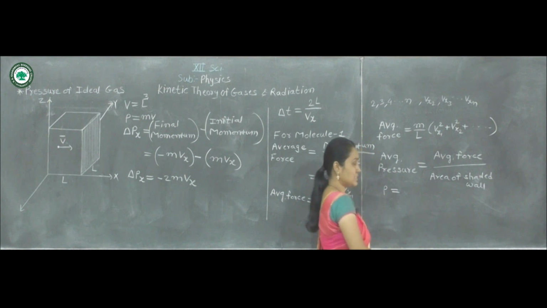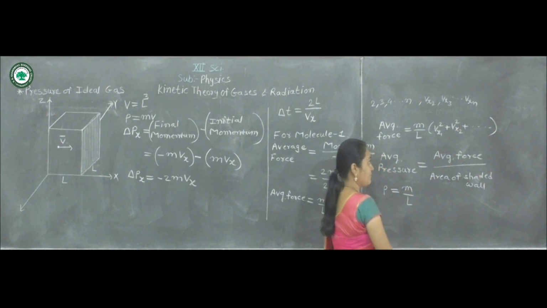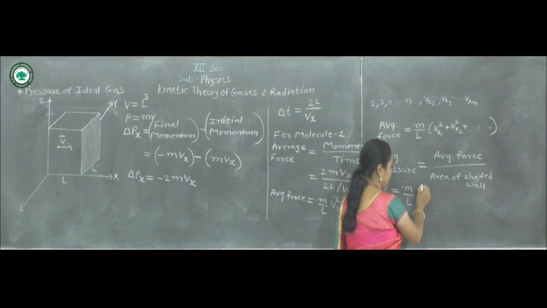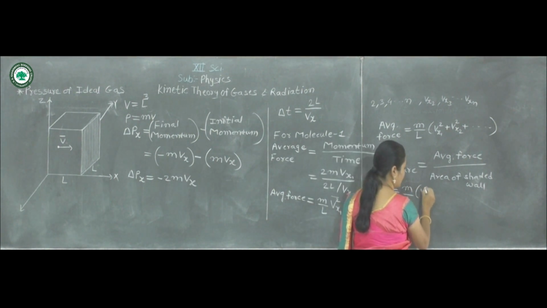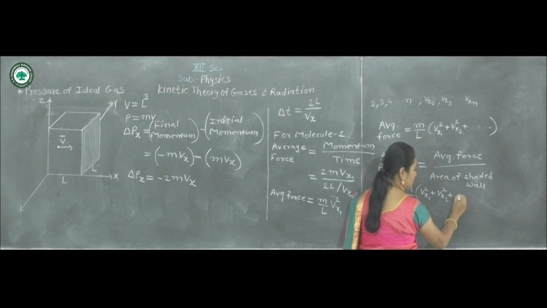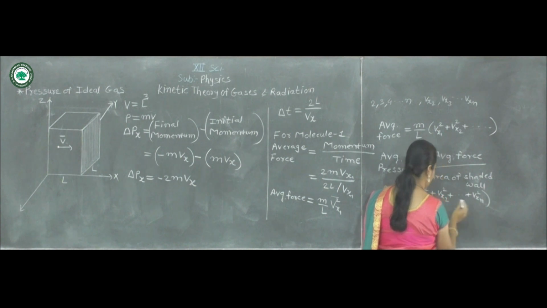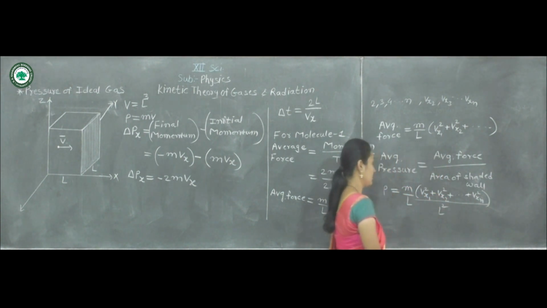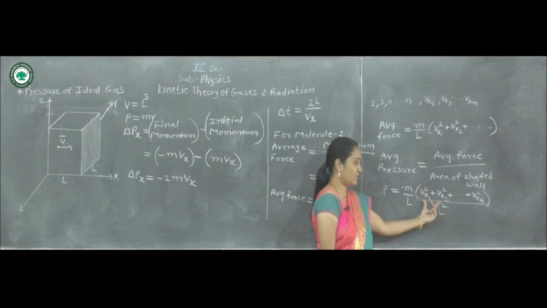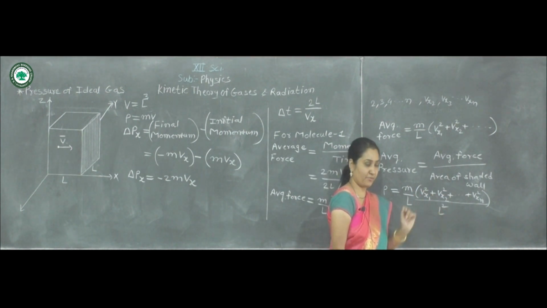So P is equal to m upon L, with the bracket, divided by the area of the shaded wall, L square.